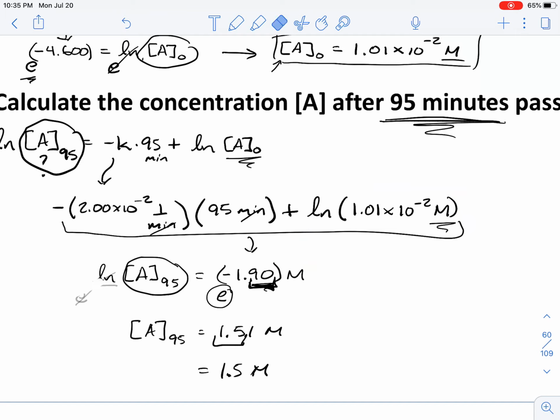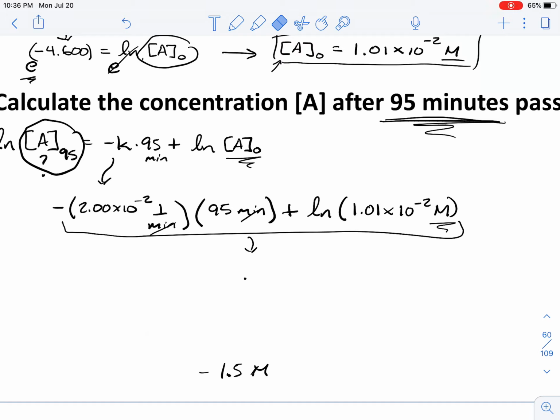And so I'm going to erase this part right here. And so what I get is going to be negative 6.495, and the list goes on.